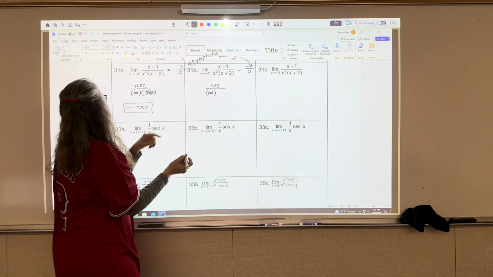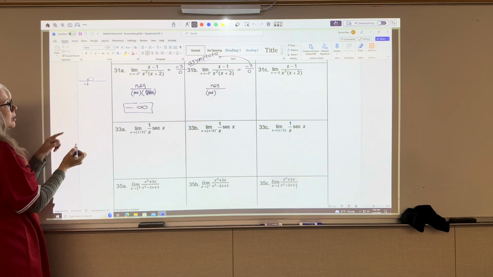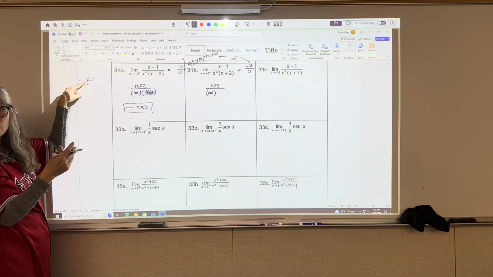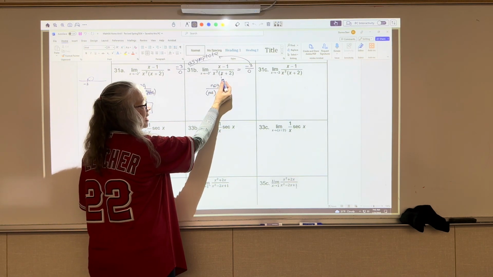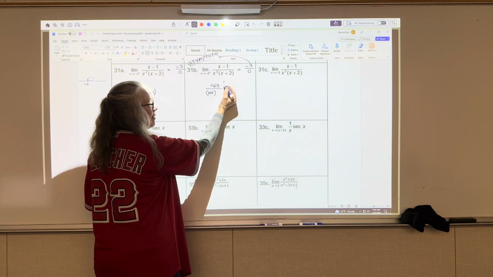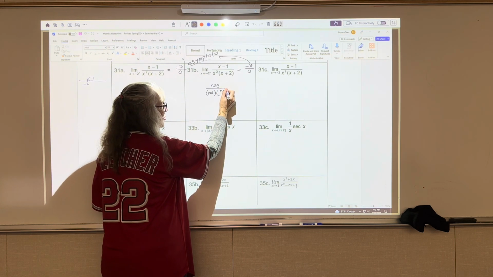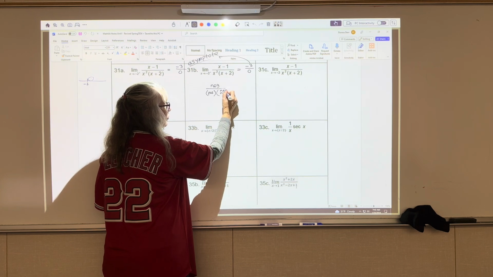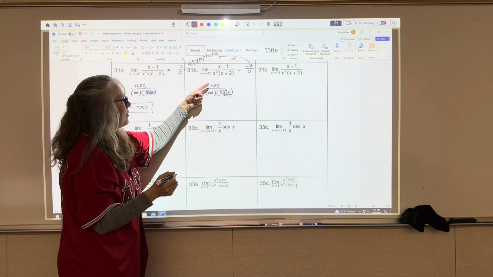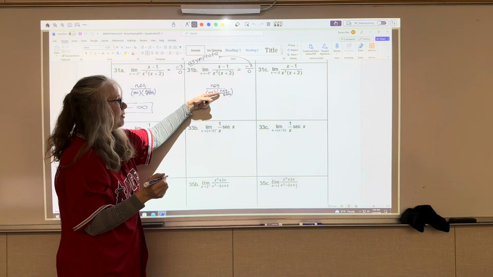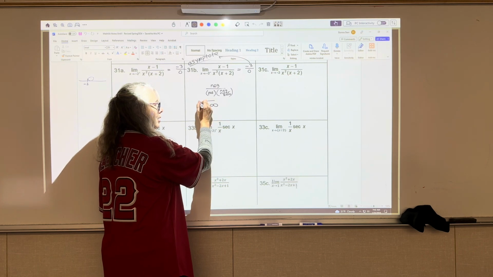And then now I'm over here on this side of -2, a little bit smaller than -2. So that's things like -2.1. And so if I think about that, -2.1 plus 2 is negative, but near 0. So now I have a negative divided by a negative, which is a positive. So this is positive infinity.